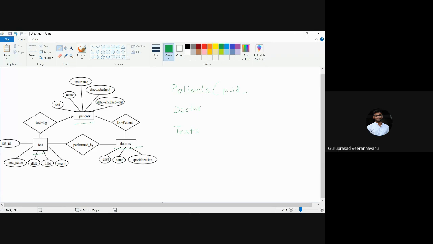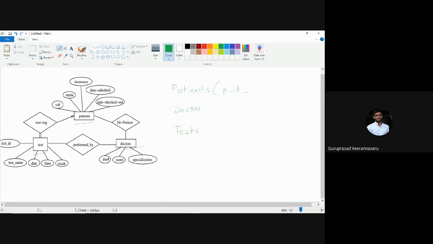And if one patient is always looked after by only one doctor, then how will we do it? Or let's say it's not one to one, it's many to many. One patient can be looked after by many doctors, so it will slightly change.